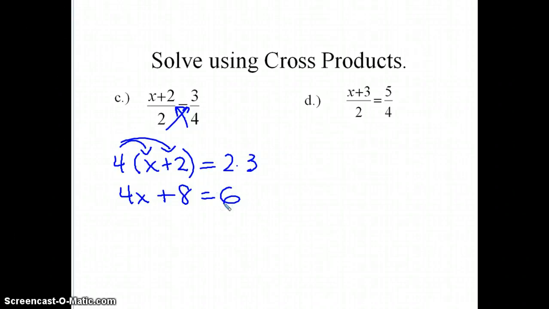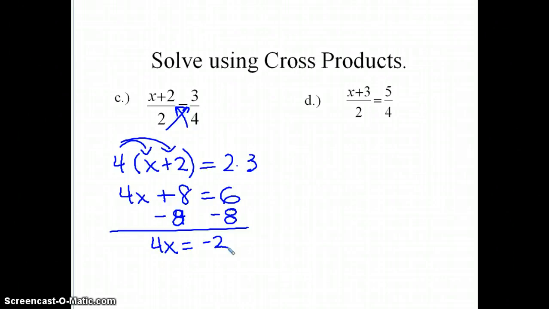I need to get 4x all by itself, so I will subtract 8 from both sides. When I subtract 8 from both sides, I end up with 4x is equal to negative 2. And now I have to undo multiplying 4 by x, so I will divide by 4 on both sides. When I divide by 4 on both sides, the 4's cancel. And on the right-hand side, I can simplify my fraction to negative 1/2.